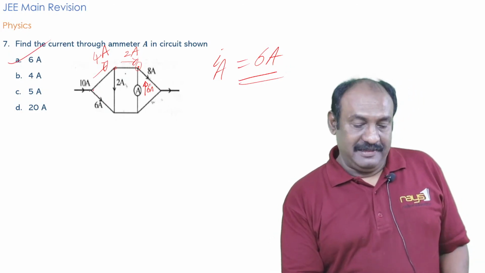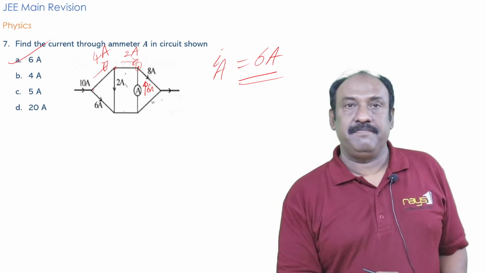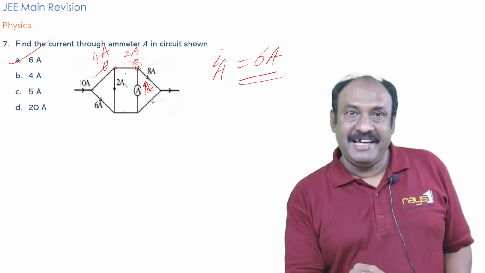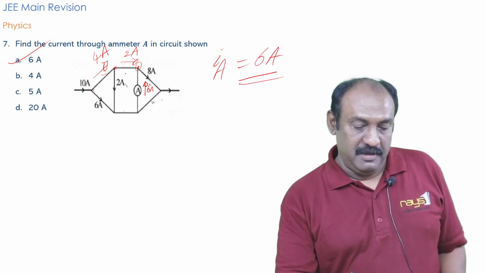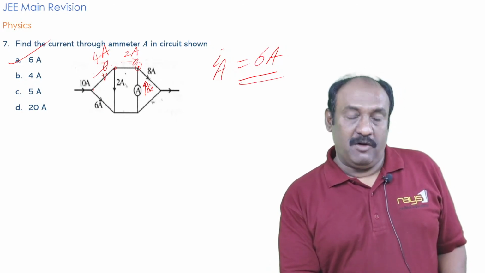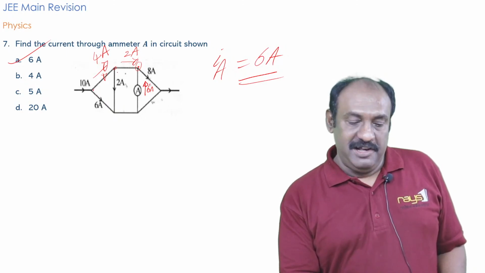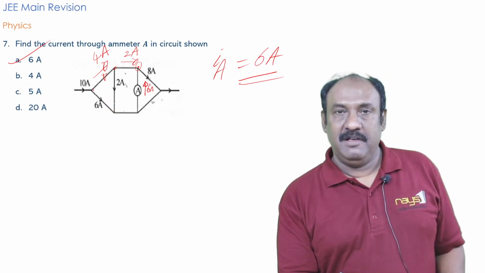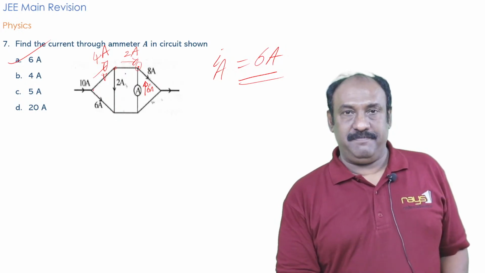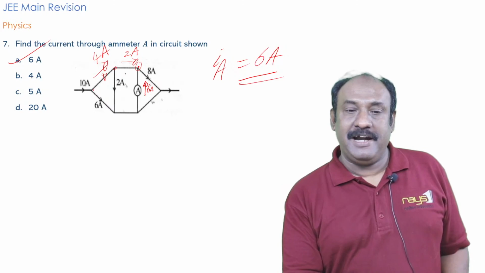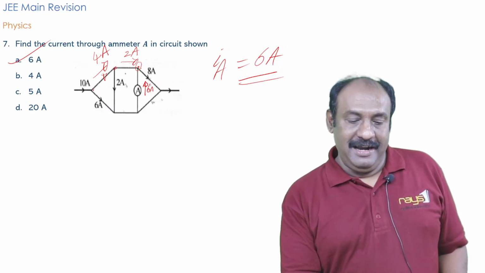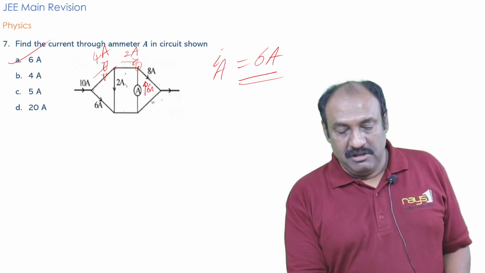Once again, at this junction what current enters? 10 ampere. So 6 ampere leaves through this path, so the remaining current passes through this branch. That current is 10 minus 6, 4 ampere. At this junction again, out of this 4 ampere, there is a deviation of 2 ampere through this path. So the remaining current passes through this branch as 2 ampere. At this junction, this 2 ampere and the current through this ammeter must give 8 ampere through this branch.